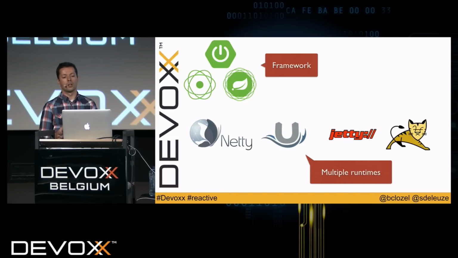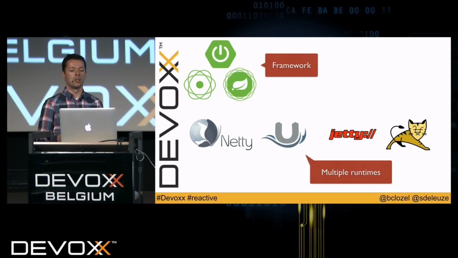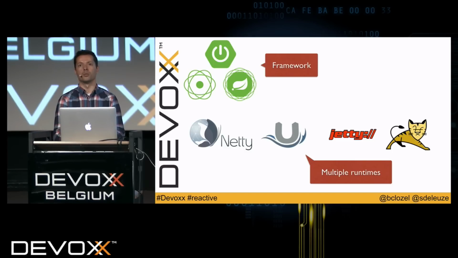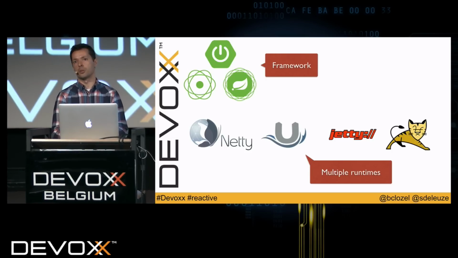That means you can use many different runtimes: Netty through Reactor Netty, Undertow, Jetty, and Tomcat. Depending on the runtime, it will be a native adaptation to that runtime, or it can be done through Servlet 3.1 async IO under the hood. You're not exposed to the Servlet API anymore. And for some runtimes, probably Jetty and Tomcat, we'll try to have both native and Servlet 3.1 adapters.